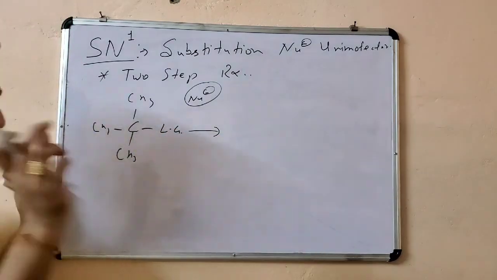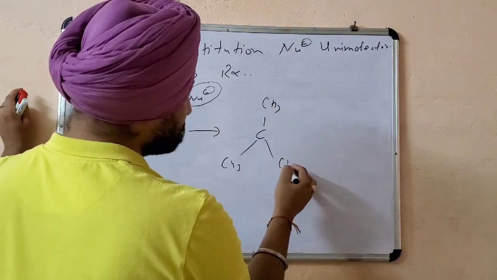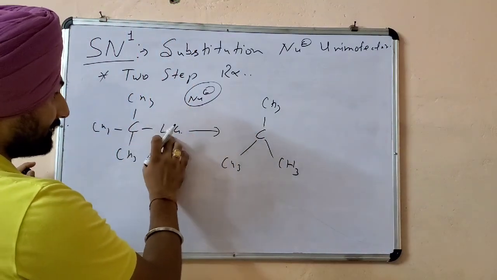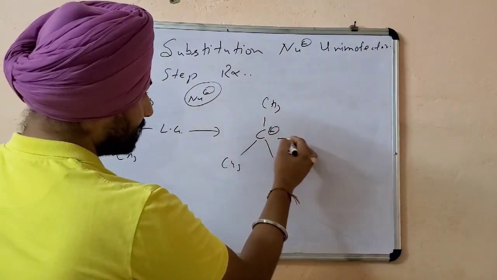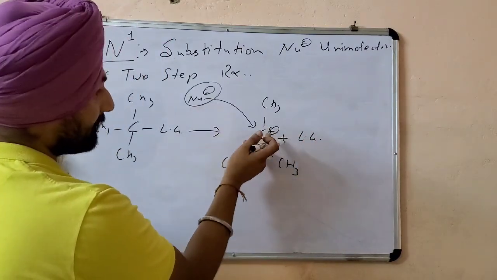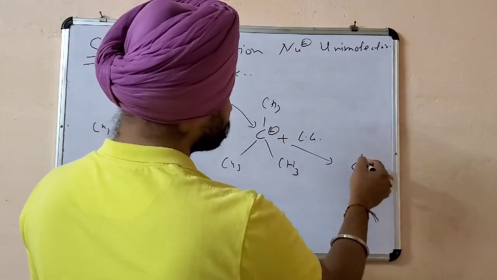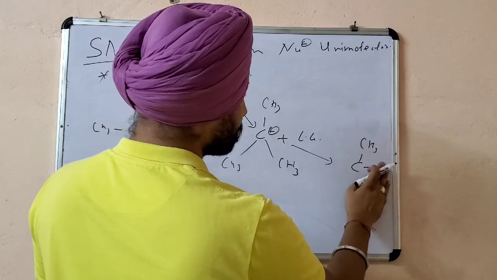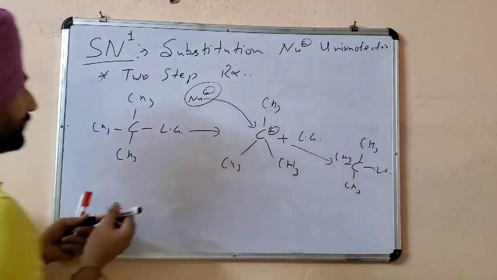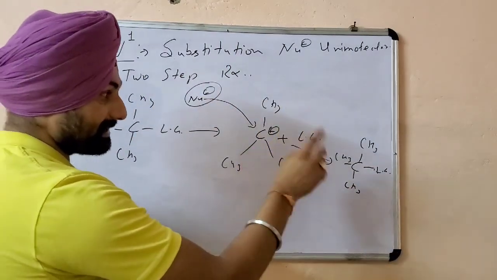There is an intermediate state where the sp3 hybridized carbon is converted to sp2 hybridized carbon after the leaving group leaves, plus now this nucleophile can attack on this carbocation very easily, hence the product is formed in the SN1 mechanism. So it is a two-step mechanism. In the first step there is formation of carbocation, in the second step the product is formed.